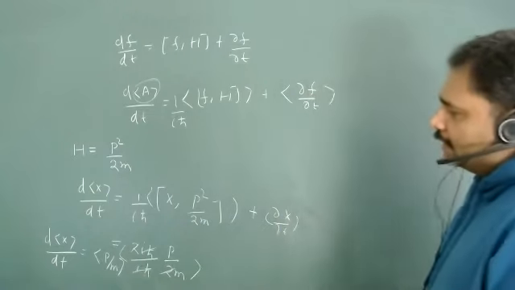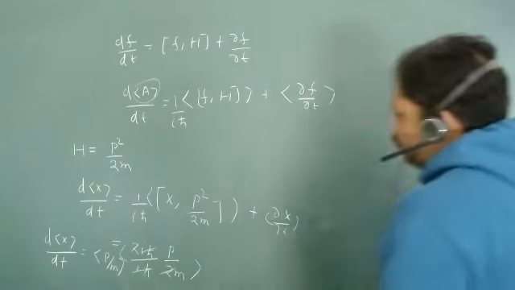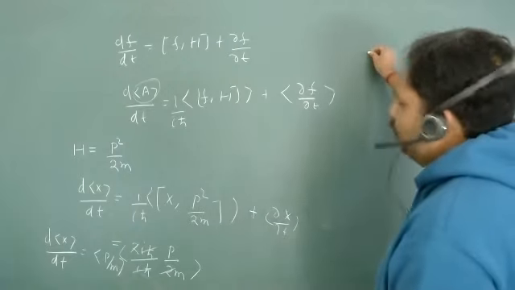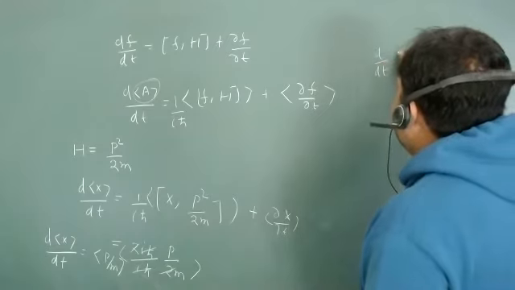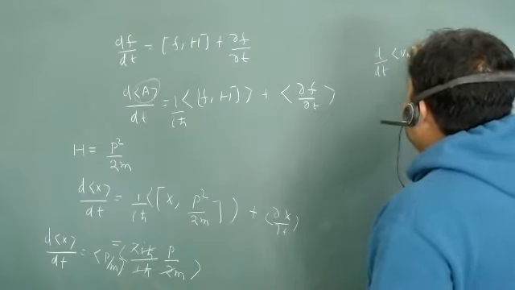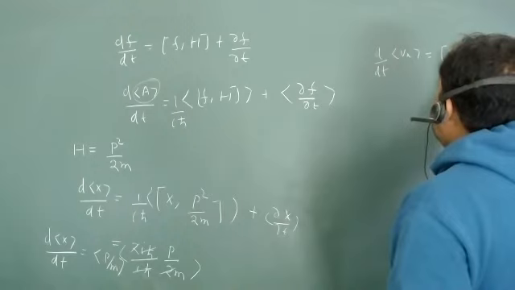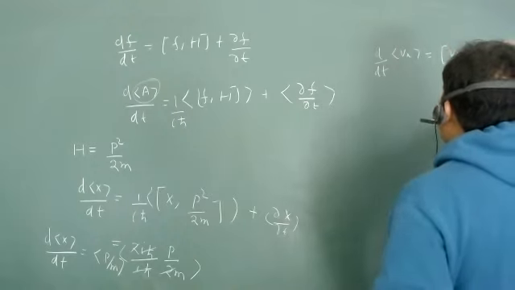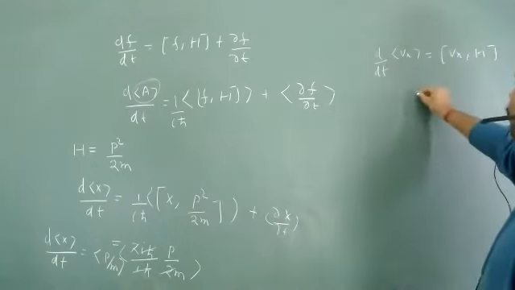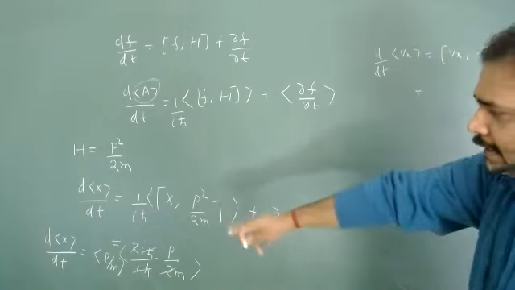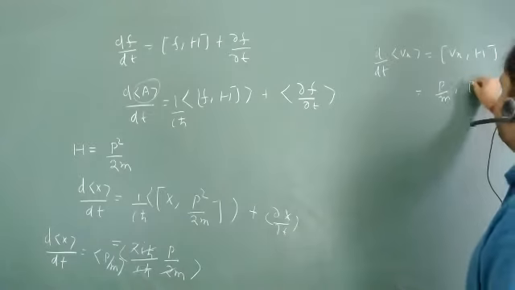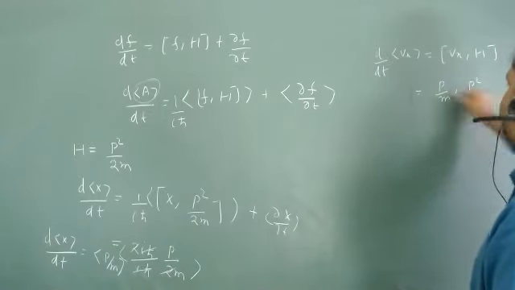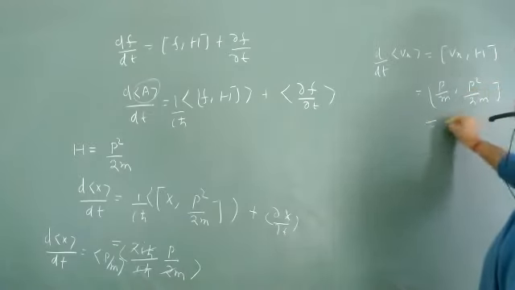And what about acceleration? If I am talking about acceleration, then what will happen? We have to go for d upon dt of vx, then we have to go for the commutator of vx and H. Then what will happen? This vx can be written as p by m, and here is p square upon 2m, and that commutator is equal to 0.